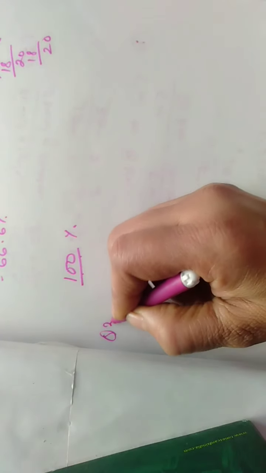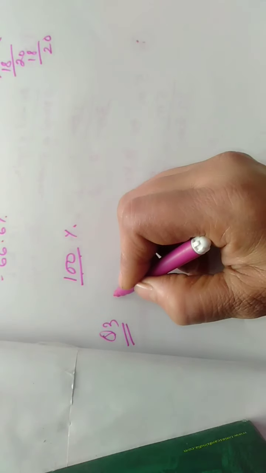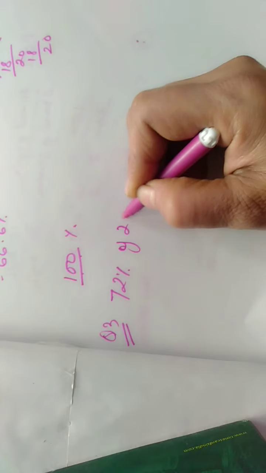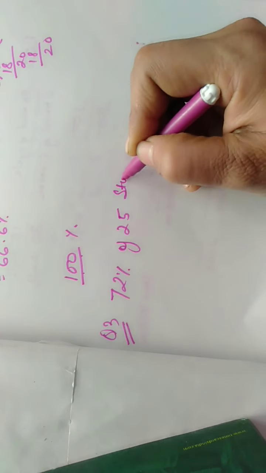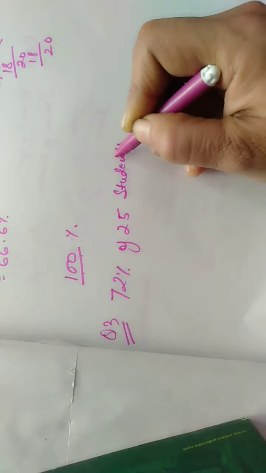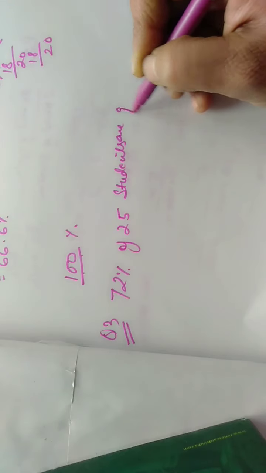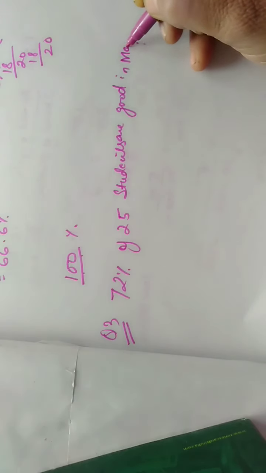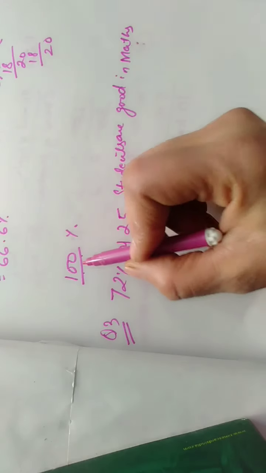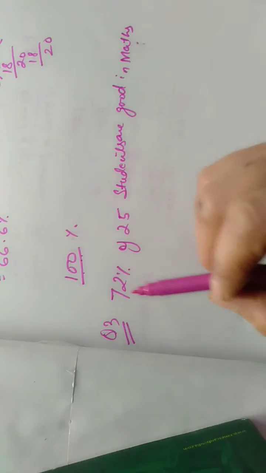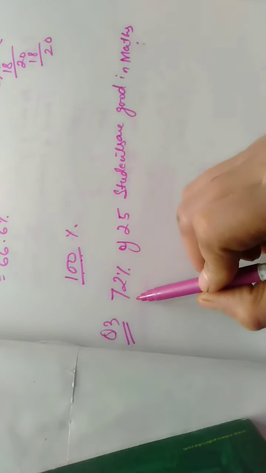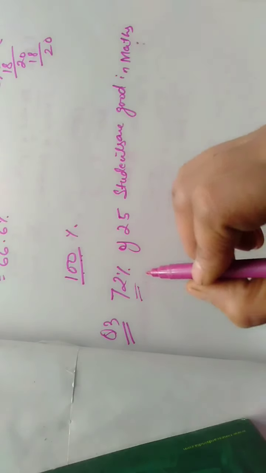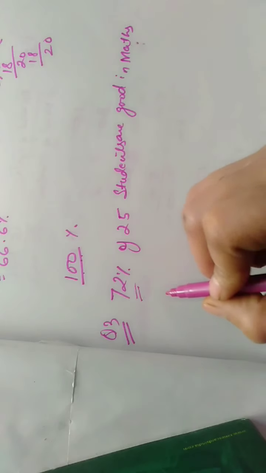Question number 3: it is given that 72% of 25 students are good in maths. So we take the total as 100% students. Out of the 100% students, 72% are good in maths, then the remaining are not good in maths.